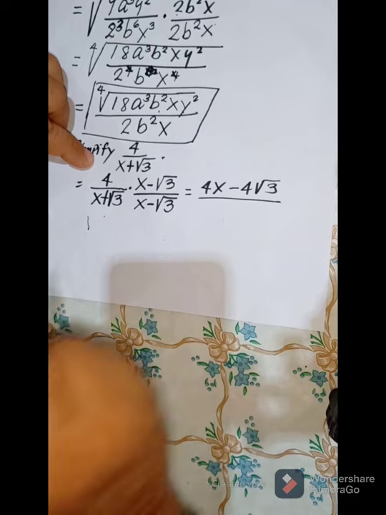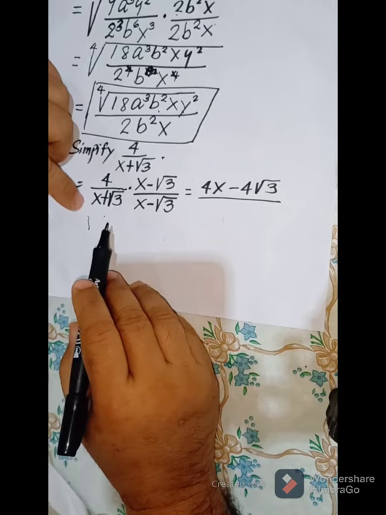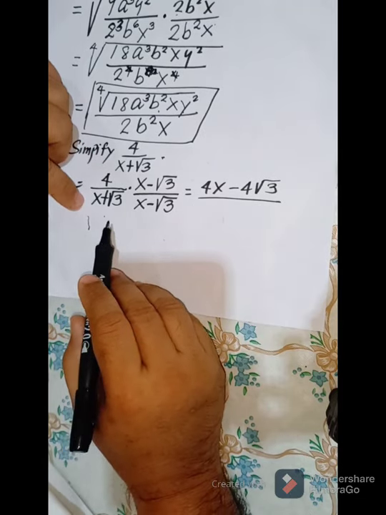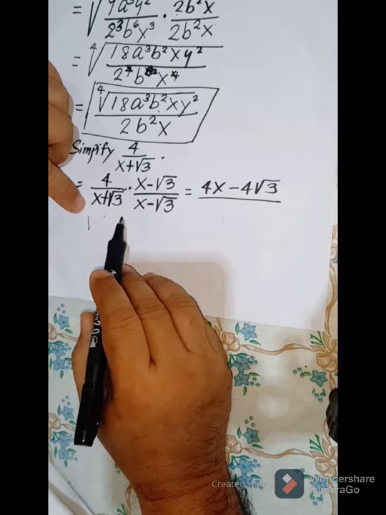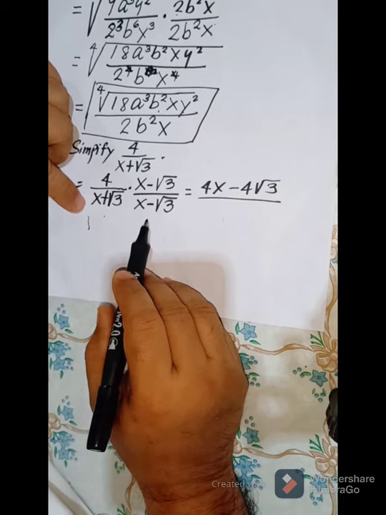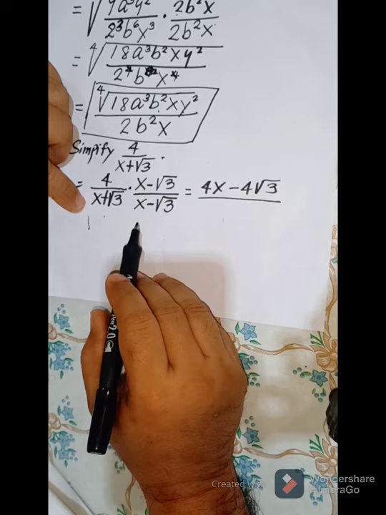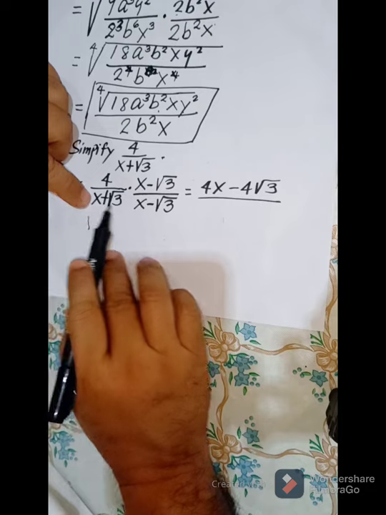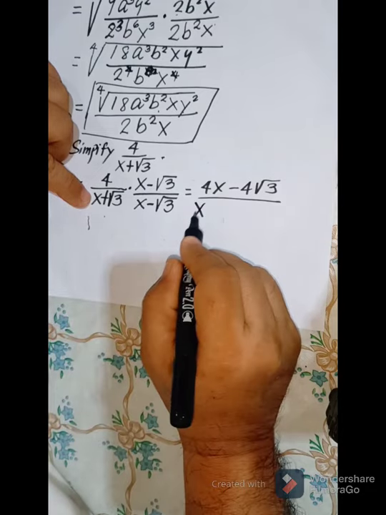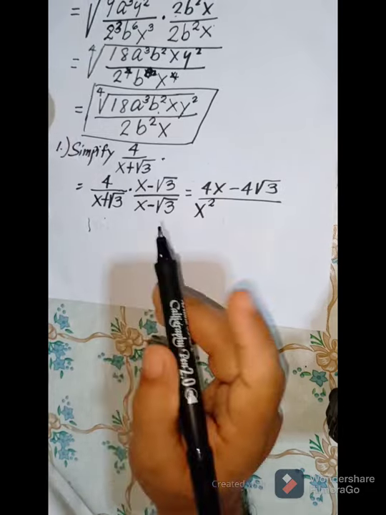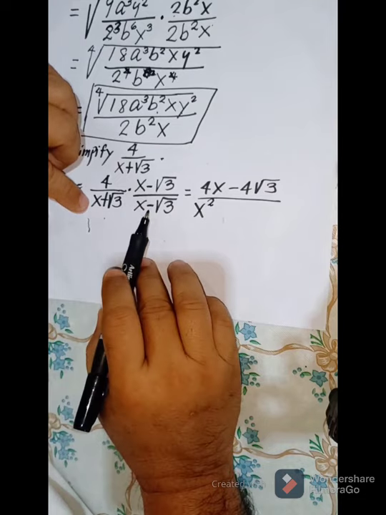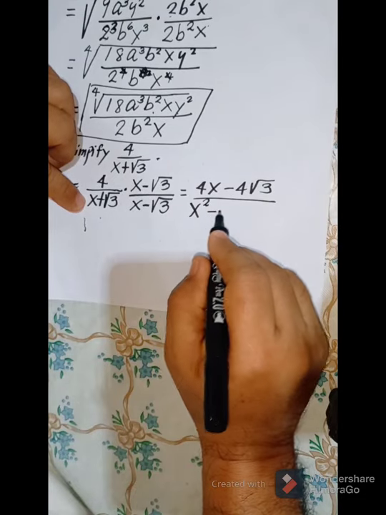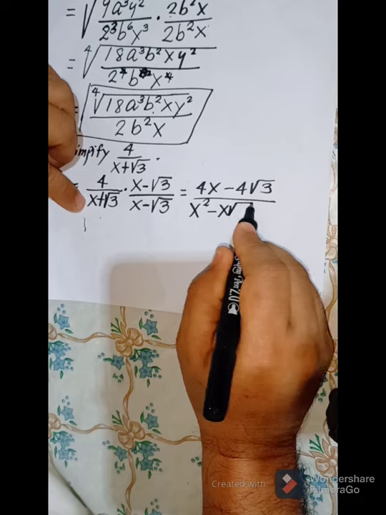For the denominators, we apply the FOIL method. F stands for the first terms, O for the outer terms, I for the inner terms, and L for the last terms. Our F, or first terms, would be x times x, x squared. Outer terms, x times negative square root of 3. We have negative x square root of 3.